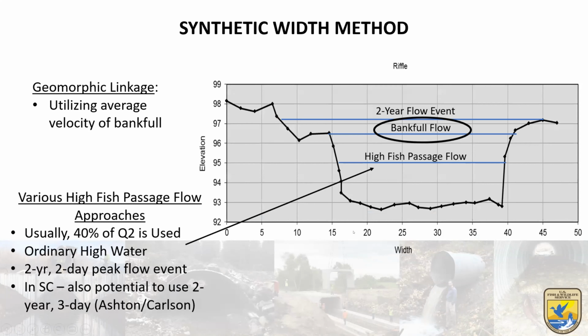That is the geomorphic linkage, looking at a velocity that is related to bankfull flow in the synthetic width method. Again, that's lower than the 2-year, but it's higher than the high fish passage flow. There are a lot of variable approaches to fish passage flow in Alaska. Usually 40% of the Q2 is used, but not all the time. But we're looking at bankfull, and we're trying to link it back to a bankfull geomorphic approach when we're trying to figure out how to get this thing across the road.